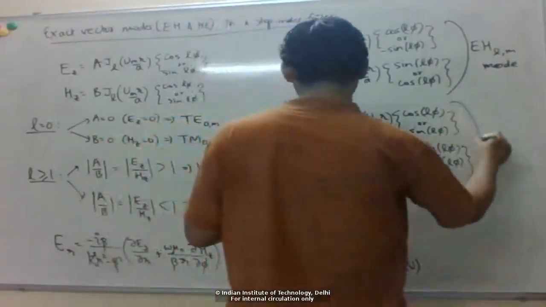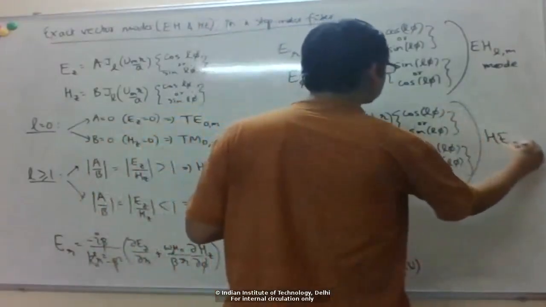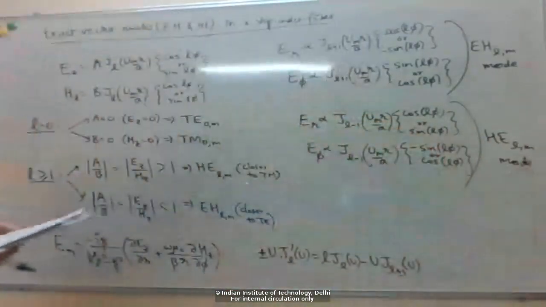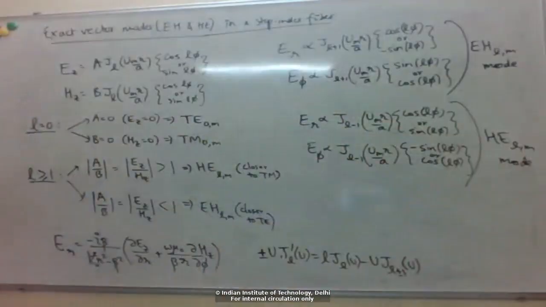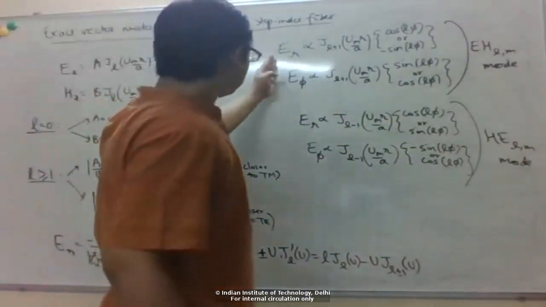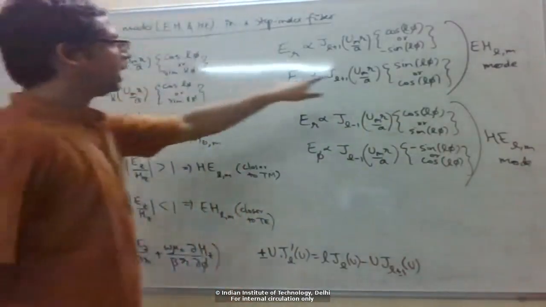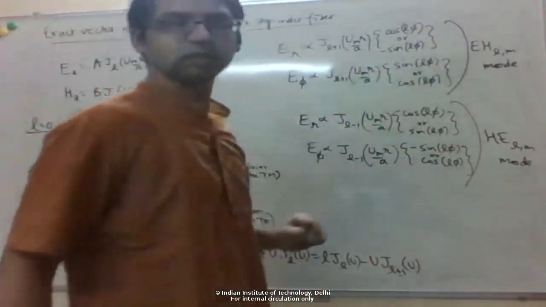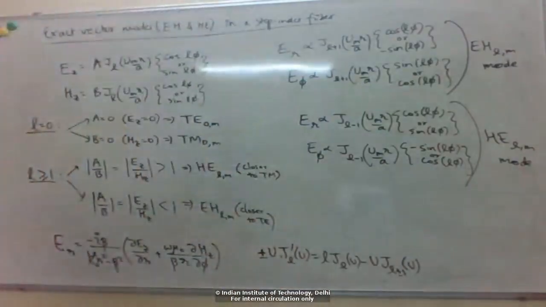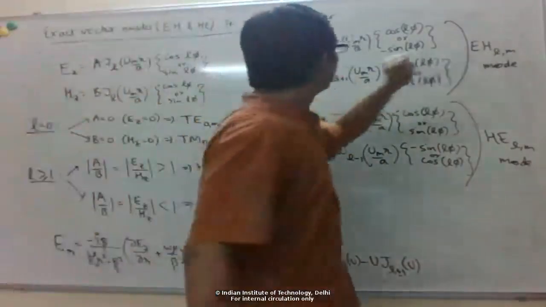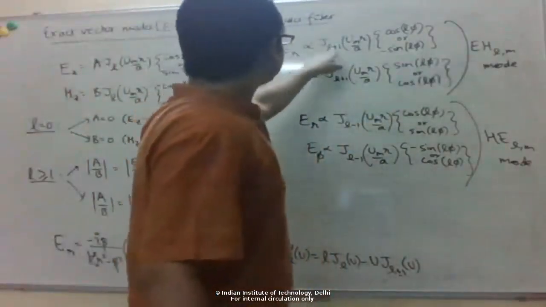So this set of solutions corresponds to the HE modes. Now you can see the transverse field components actually don't, for the higher order modes, they don't go as J L. They actually go as J L plus 1 or J L minus 1. So that's a difference from the LP modes, right? For the LP L M mode, the EX or EY just went as J L.